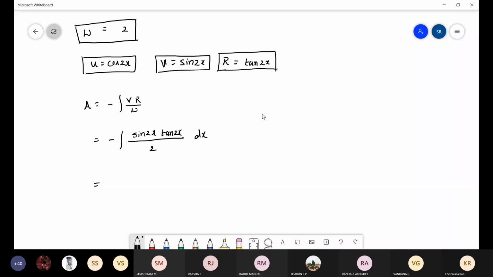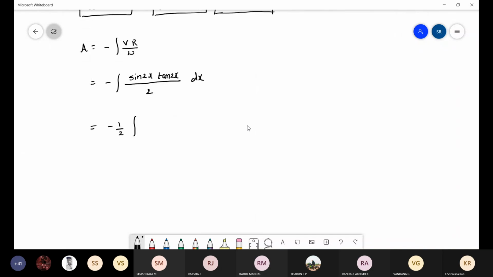So this 1 by 2 I can take outside, it is a constant. Then how to integrate? I think last class yesterday we solved one problem on sin x into tan x. A similar way will come. This can be written as sin 2x, you write as it is.